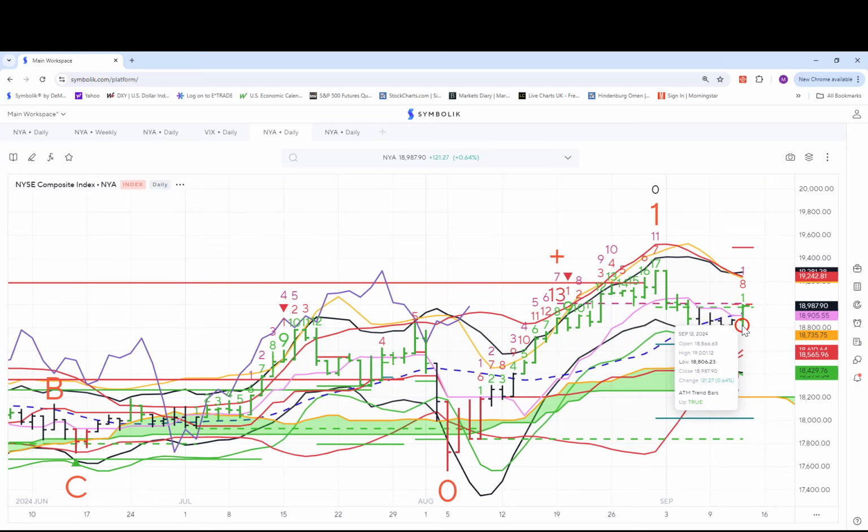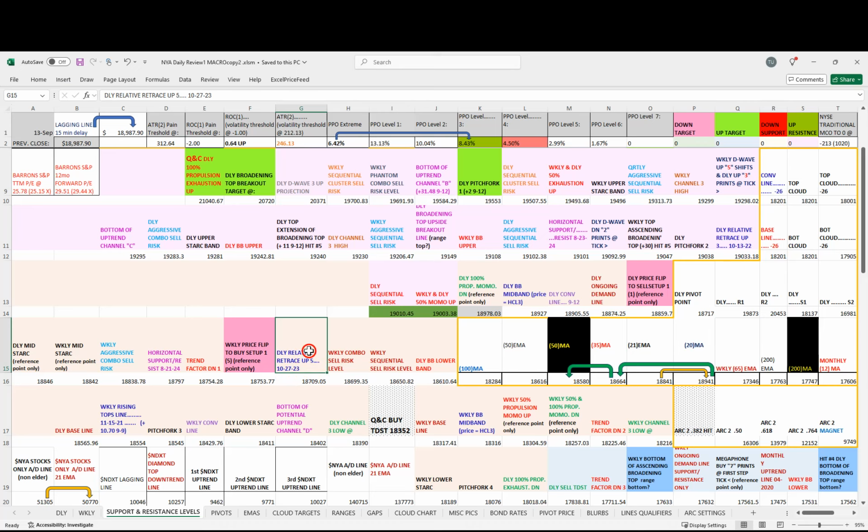So it did not become qualified and confirmed, because it certainly should have if it just opened and then shot up instead of going that tick down or two here. And that would have been this daily relative retracement up 5 going back to October of 2023. And you could see this one goes back to that crash back in October 2022 before we went on a tear in the markets here.